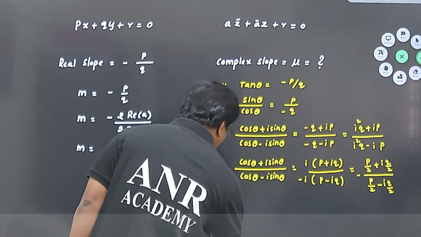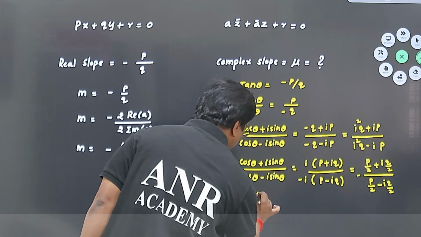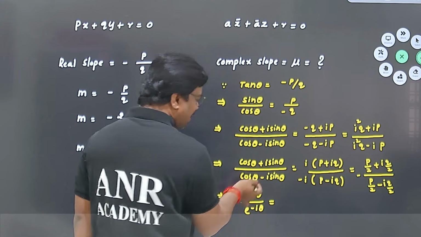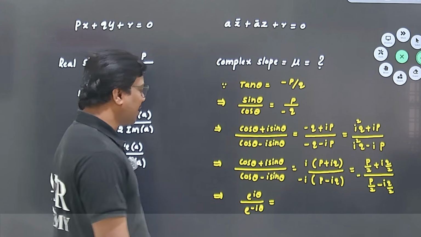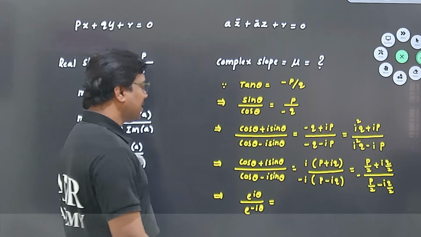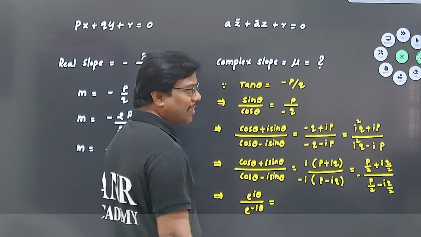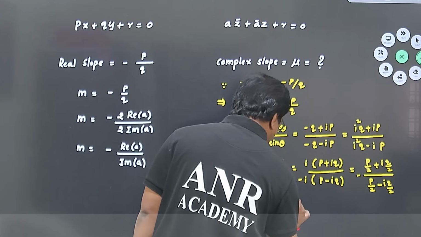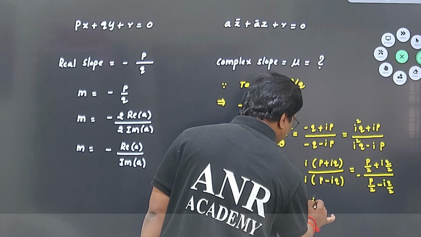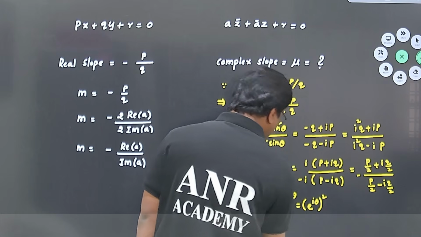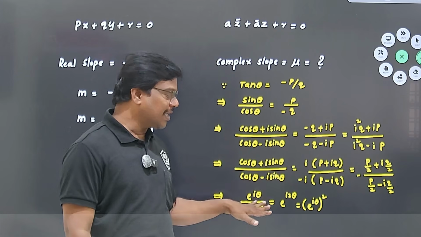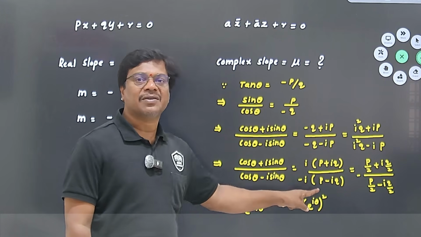Here if you observe, numerator becomes e power i theta, denominator becomes e power minus i theta, so on simplification it becomes a power m divided by a power n formula. If I use a power m plus n, a power m minus n, finally it gives the result e power i 2 theta, that is e power i theta whole square. This one, this cos theta plus i sin theta by cos theta minus i sin theta. Now this is clearly square of unimodular.